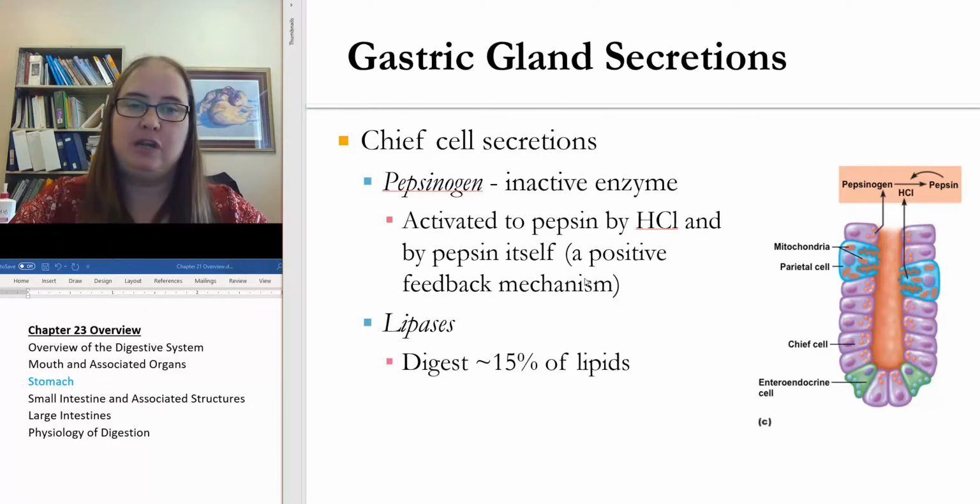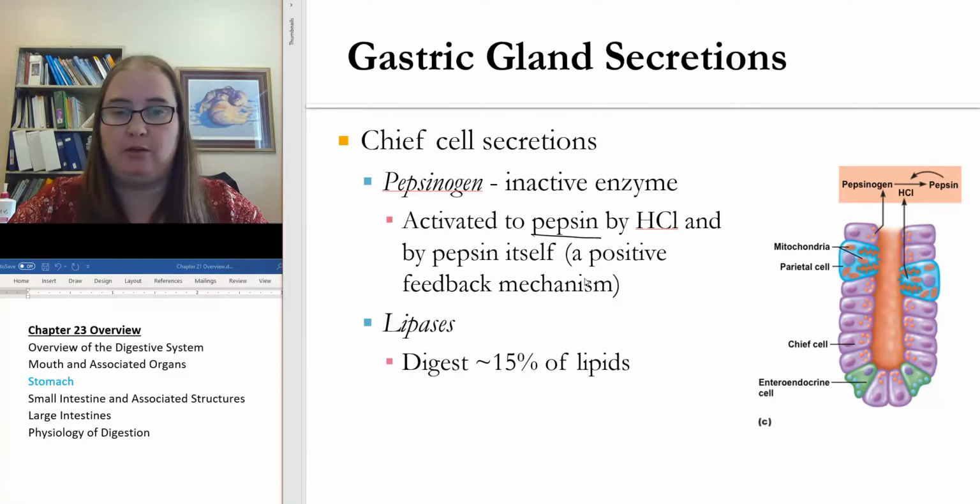These chief cells are responsible for secreting a protein known as pepsinogen, which is an inactive enzyme. Upon its activation, pepsinogen becomes pepsin, and pepsin is going to basically break down our protein.